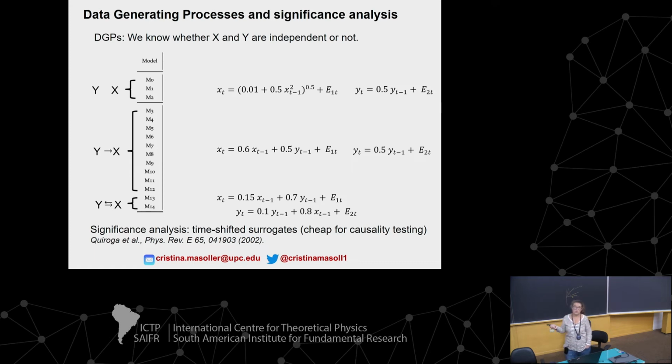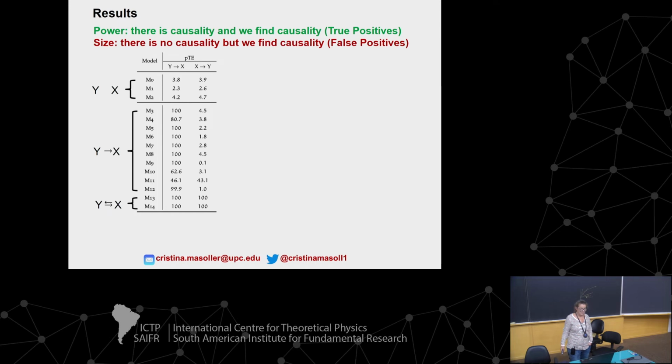Of course, you need to test whether you find causality or not. So you cannot just keep a number. You need to do many simulations and contrast with a situation in which there is no causal interactions, to filter out things that are not significant. And then you can say, well, if I say yes, there is causality, is this correct or not?